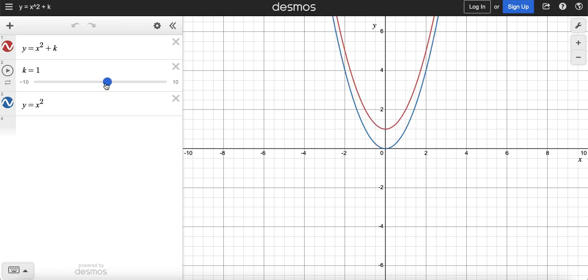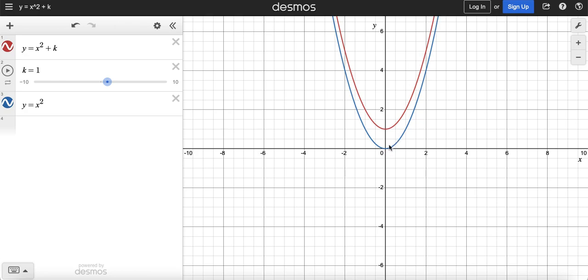So for example, let's look at if I added 1, k is equal to 1 to my graph. Now this parabola on the bottom represents y is equal to x squared, and this parabola at the top represents y is equal to x squared plus 1.